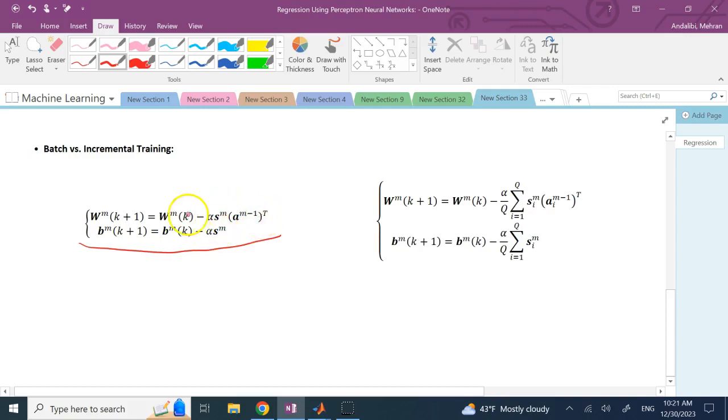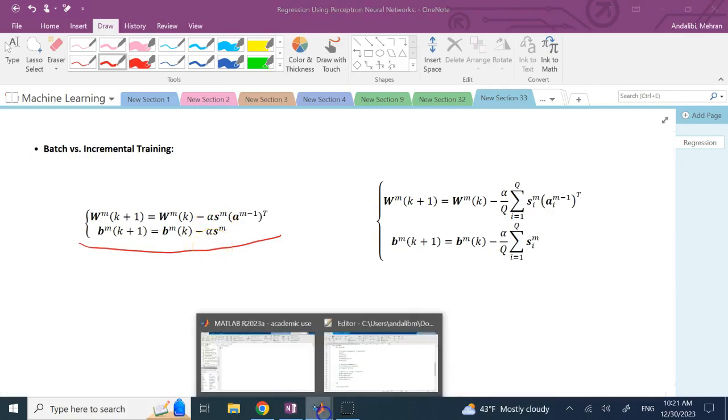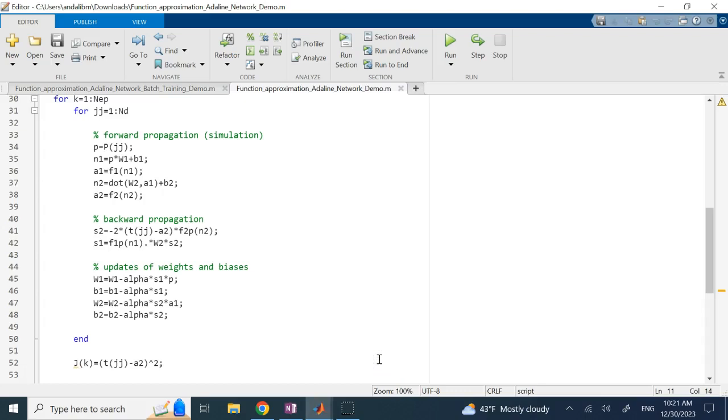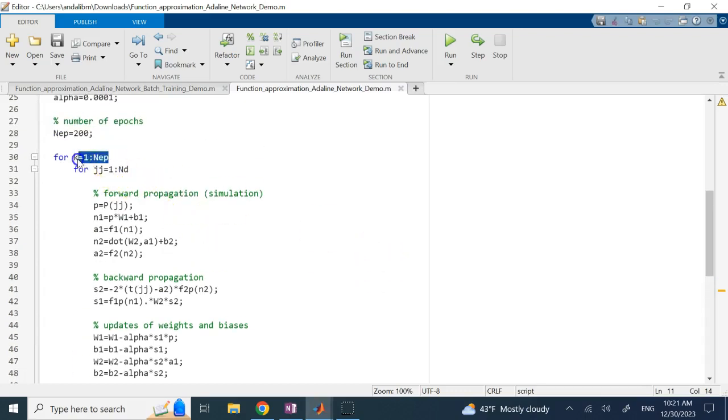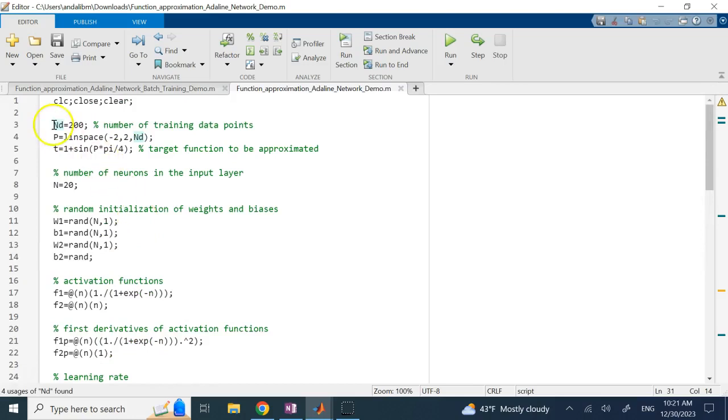And the way that we updated these weights, we did it per input, right? Per epoch. So if you look at the code that I provided last time, you see that as I go through each epoch and as I go through each input, here ND is the number of data points or the number of inputs.